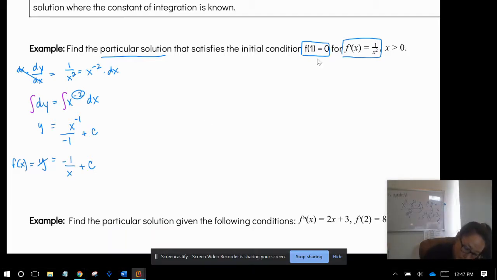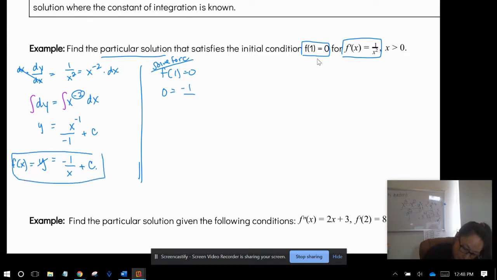What I need to do is plug in to solve for C. I plug in f of 1 is equal to 0. So I get 0 is equal to negative 1 over 1 plus C, using this equation. So C is equal to positive 1.